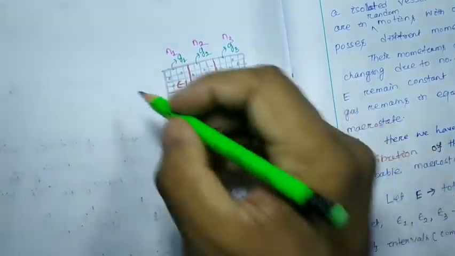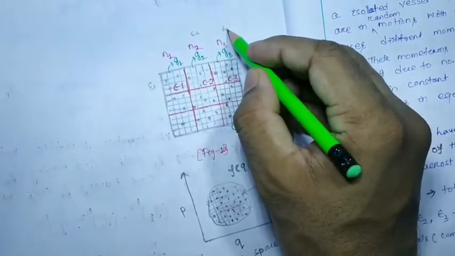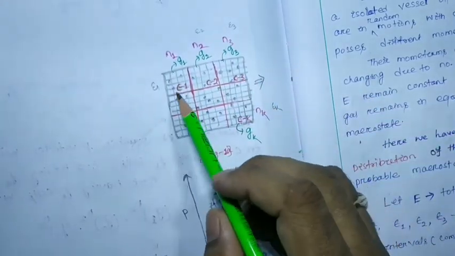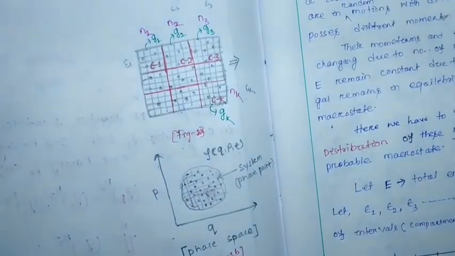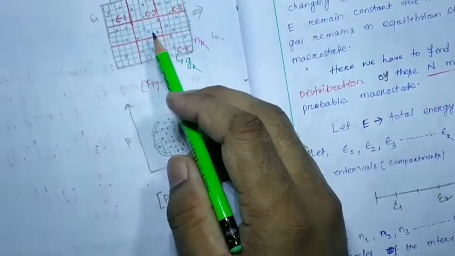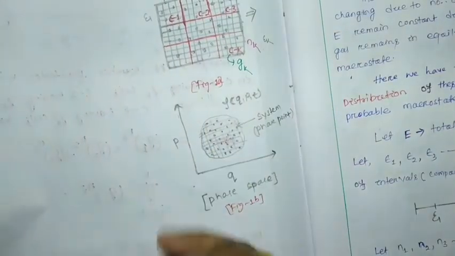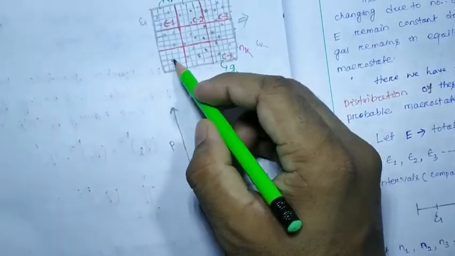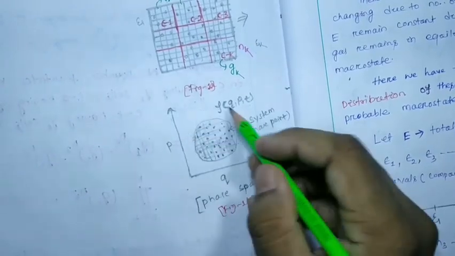Epsilon 1, epsilon 2, epsilon 3, epsilon k are the average or mean energies of compartments 1, 2, 3 up to k. This figure represents the dynamics of each and every molecule. I told you several times, you can recall with the help of the previous video, that the gas molecule is equivalent to the phase point in the phase space.